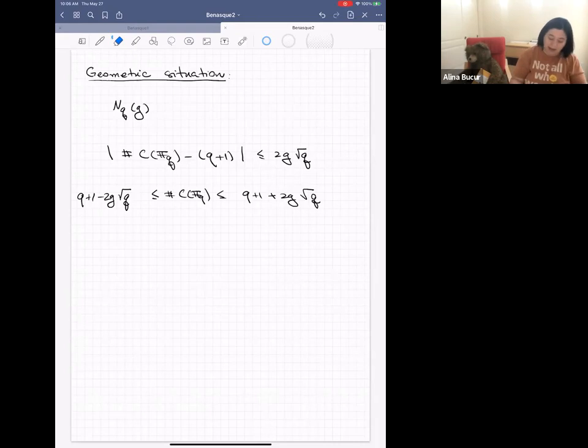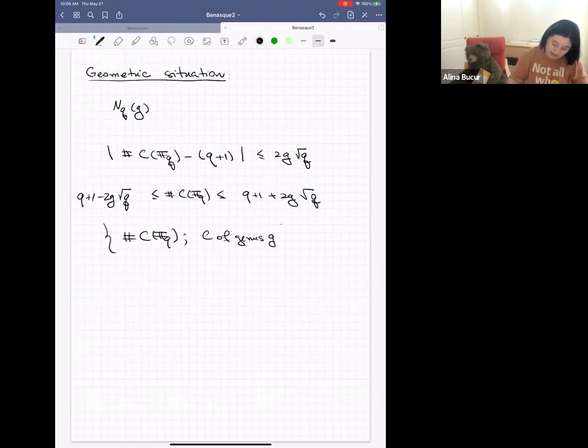It gives you an asymptotic for the number of these curves C of genus G, let's say for G less than X, and then it gives you a main term.